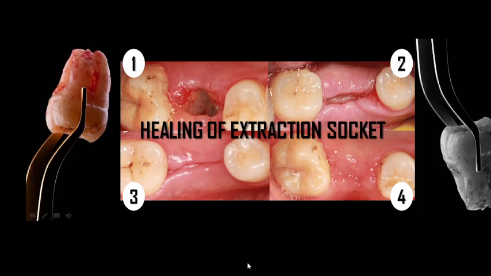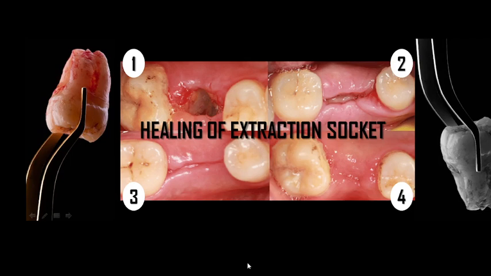The first stage is where we extract the tooth. Within a week we will have granulation tissue formation. The second phase is epithelialization, where the granulation tissue is gradually replaced by epithelial cells. The third phase is wound contraction, and finally remodeling.